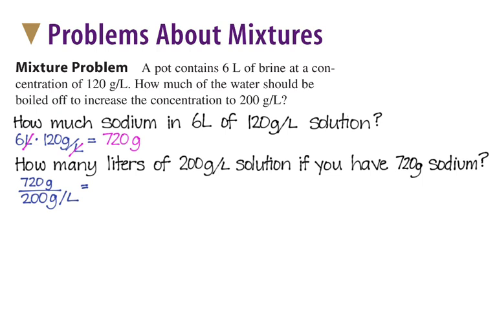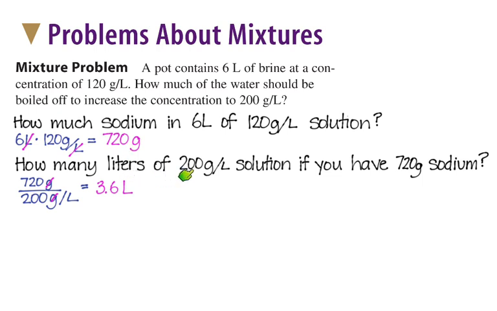So we say, okay, we have 720 grams. We divide it by the 200 grams per liter, and that tells us that if we had 3.6 liters of solution with 720 grams, we would have this concentration.